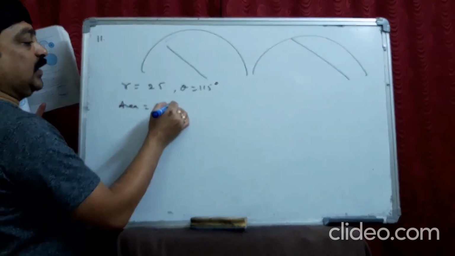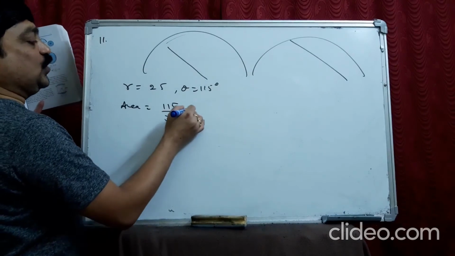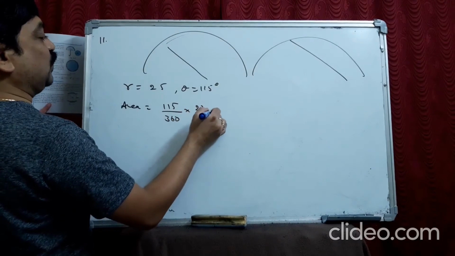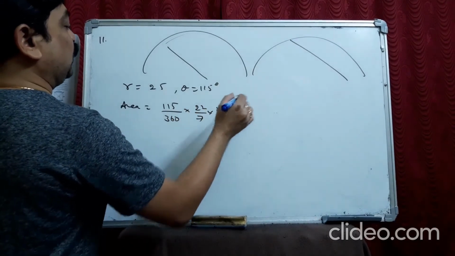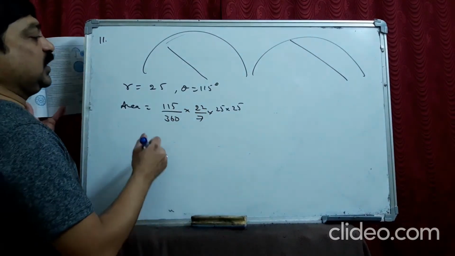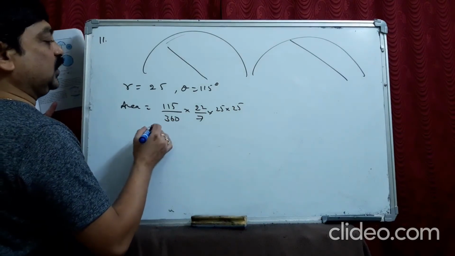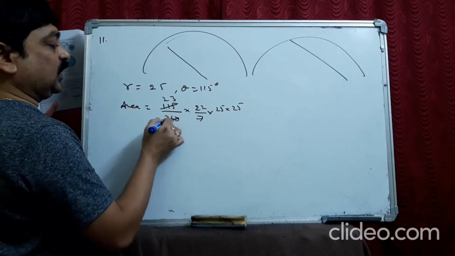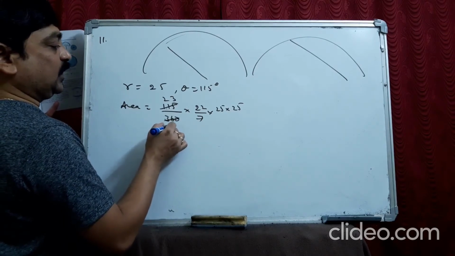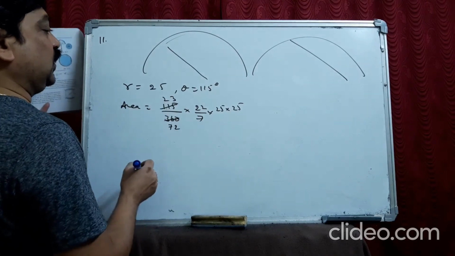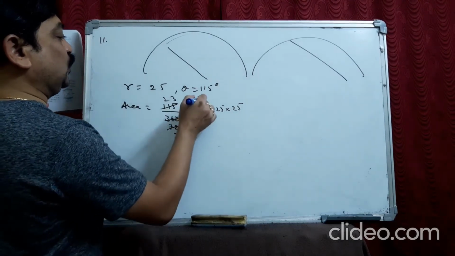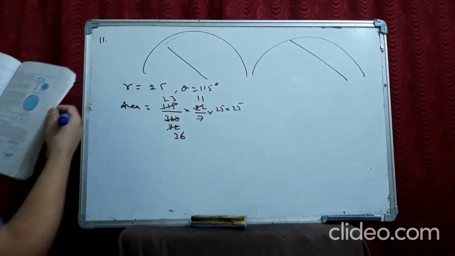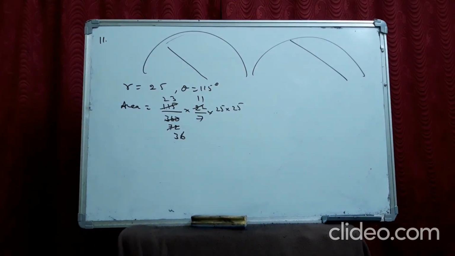Area is theta by 360 into pi. Is the pi value given? No. 22 by 7 r square, 25 into 25. Let us see. 5 2s are 10, 5 3s are 15, 72, and 2 36, 2 11s. Anything else? Cancels? No. Let us see the answer, how much they have given.